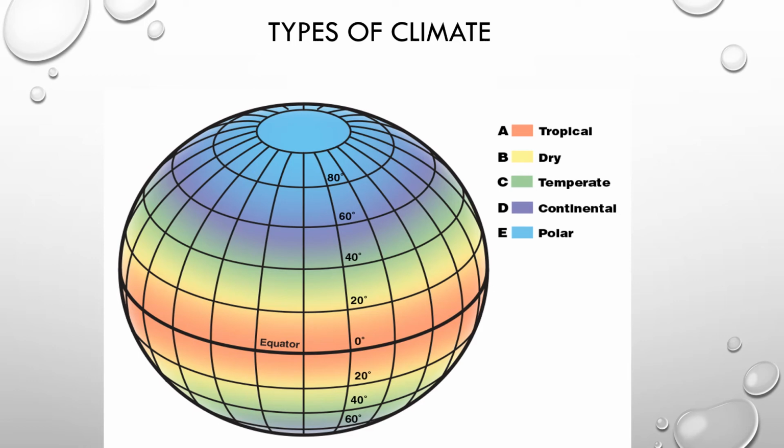Tropical is near the equator, dry is between about 20 and 40 degrees latitude, temperate is above 23.5 degrees and relates to temperate grasslands, continental areas are located inside the continents, and polar regions are the south pole and north pole.